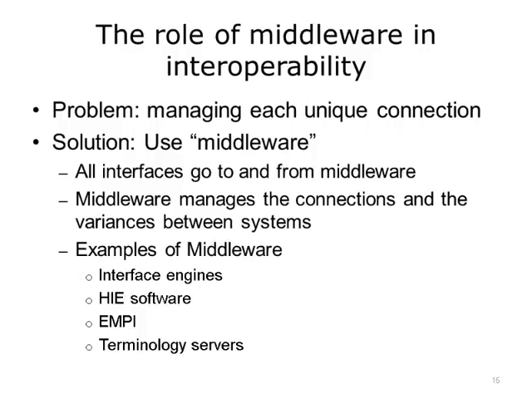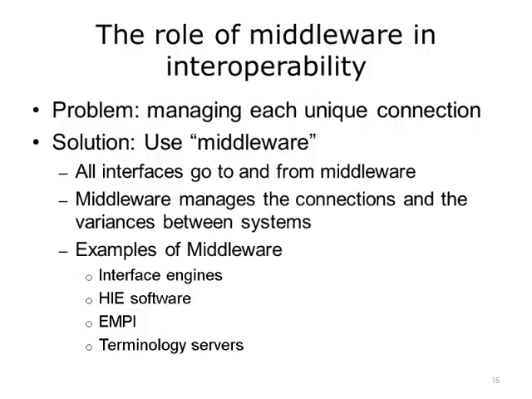As you can see from this lecture, they provide a very important role. They help to solve the problem of managing the complexities of healthcare interoperability. They help with the management of each unique connection. All interfaces go to and from the middleware. Middleware helps manage the connections and the variance between the systems.